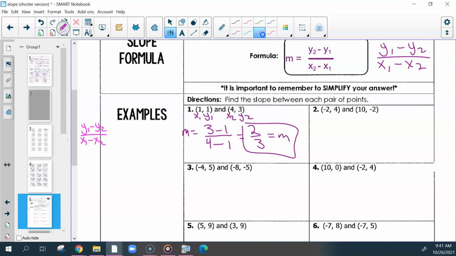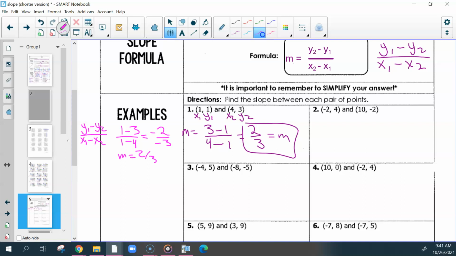But going back to this one this way, now I have y1, which is 1, minus my y2, which is 3, over my x1, which is 1, minus my x2, which is 4. 1 minus 3 gives me negative 2, 1 minus 4 gives me negative 3, and a negative over negative is a positive.